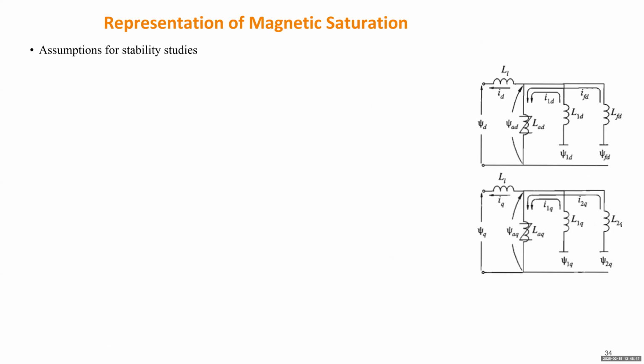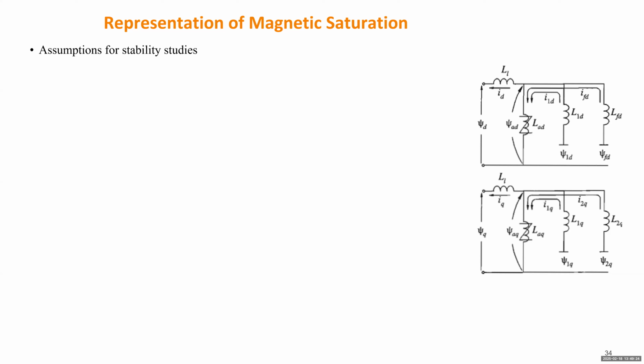All right, so there's only one thing which is not covered yet, which is about saturation. So far, we derived the two circuits which are accurate if the generator is not saturated. But saturation means when you increase the field current, eventually the flux linkage or the inductance will not be proportional to the current, will saturate, because the magnetic field is too much, it cannot increase anymore.